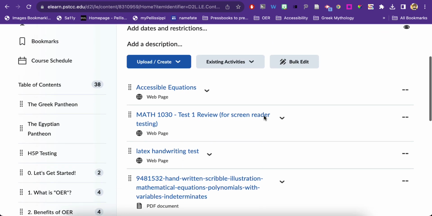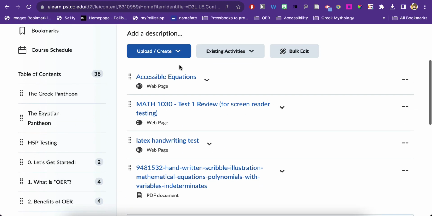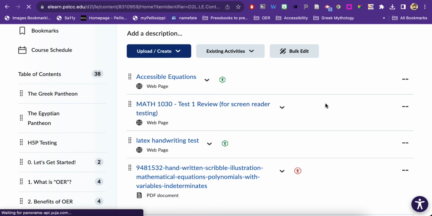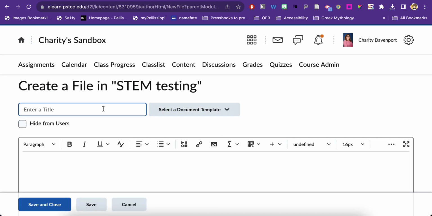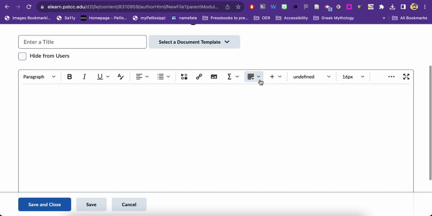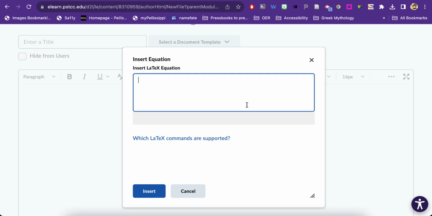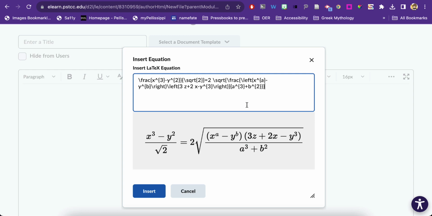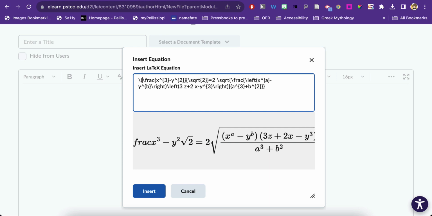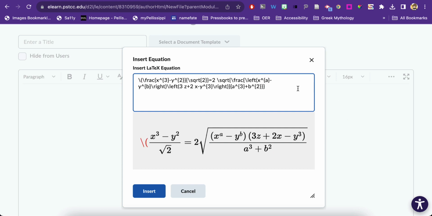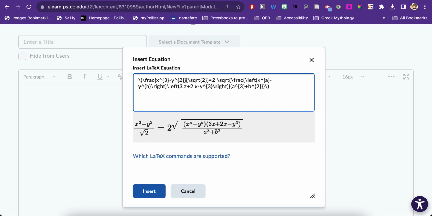I'm just going to make a new page. Create a file, and go to the LaTeX equation editor and then paste it in and see how it looks. And again, don't forget it's centered here. If you want it left aligned, we have to add a backslash, another backslash, and the parentheses, and then it should be left aligned.